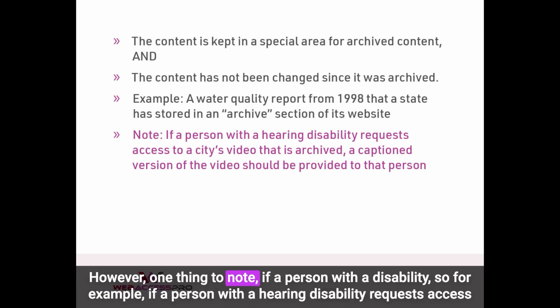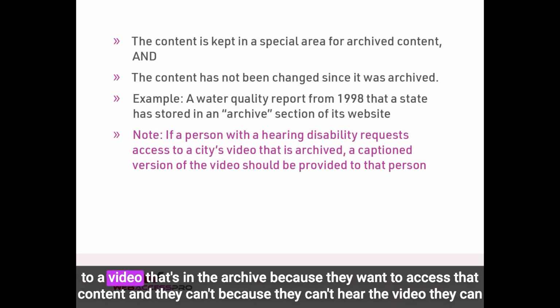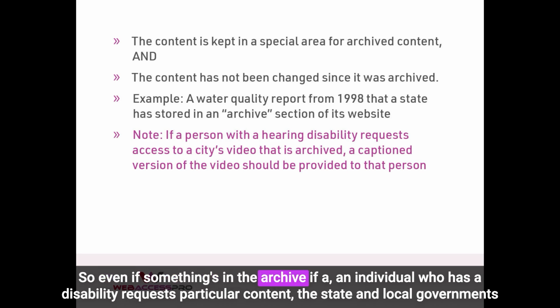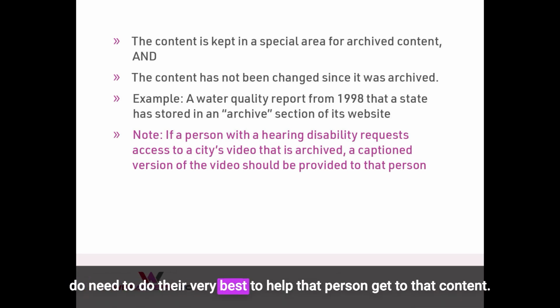However, one thing to note, if a person with a disability, for example, a person with a hearing disability, requests access to a video that's in the archive because they want to access that content and they can't because they can't hear the video, they can request a captioned version of the video to be provided to them. So even if something's in the archive, if an individual who has a disability requests particular content, the state and local governments do need to do their very best to help that person get to that content.